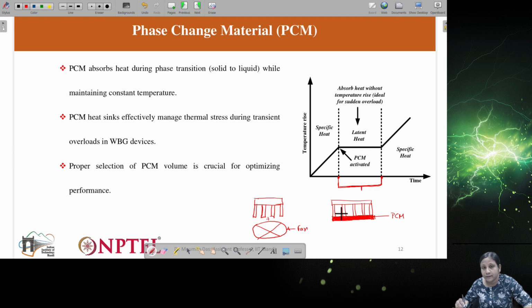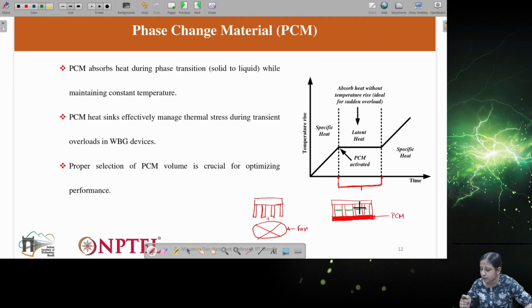If we have a complete solid block, there will not be any space to take off the heat by forcing the air through the heat sink. If we have these different spaces, then only the air can be forced. But if it is completely solid, then air cannot be forced.